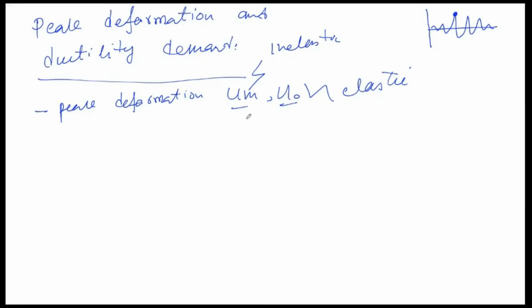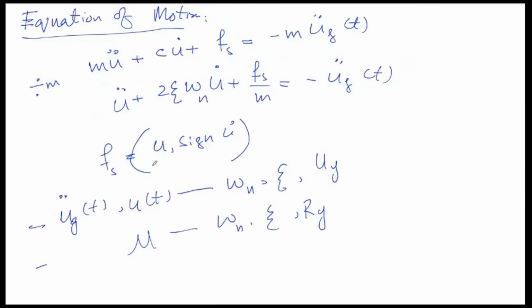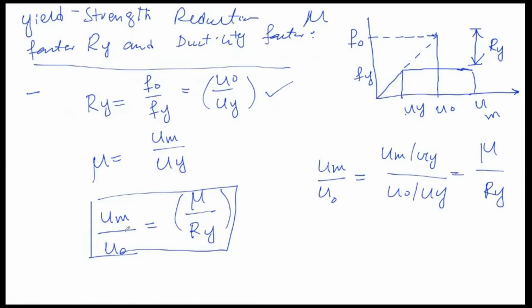So the ductility demand is then computed using the known yield strength, the known yield deformation for the system, or using Ry. Once you know um and u naught for a system, you can use this equation to obtain the ductility, or you can use this equation um by uy to obtain ductility. There are two ways to calculate ductility demand for a given system.